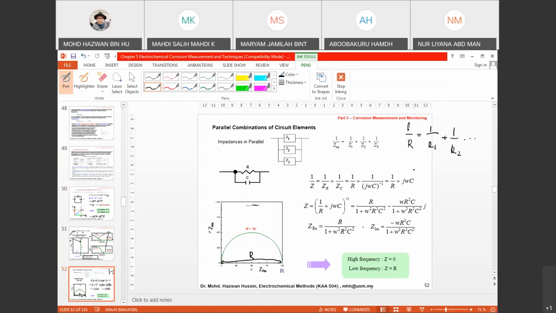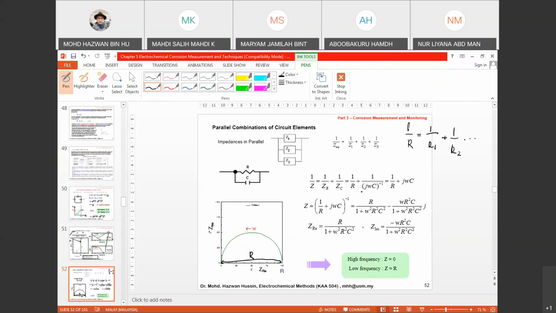Okay. So for impedance it is also the same thing. In parallel combination, the impedance is equal to the fraction of other components. So you have 1 over Z1 plus 1 over Z2 plus 1 over Z3, okay, and others.